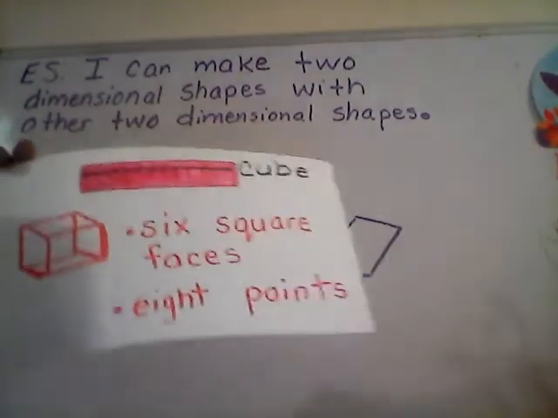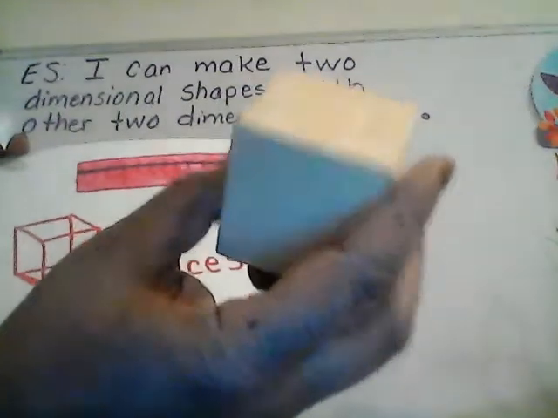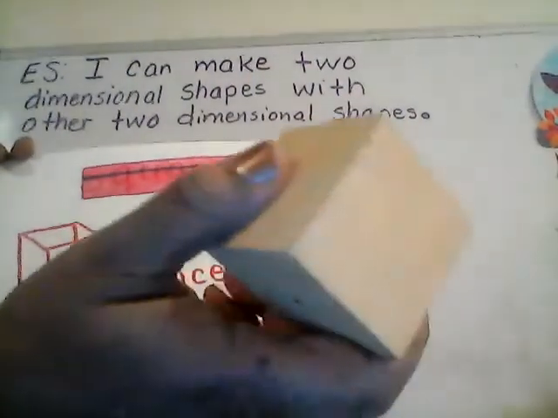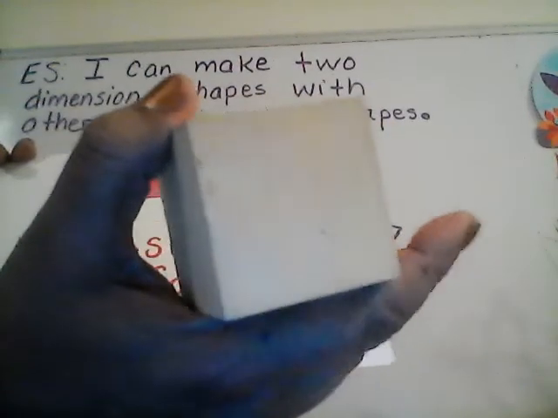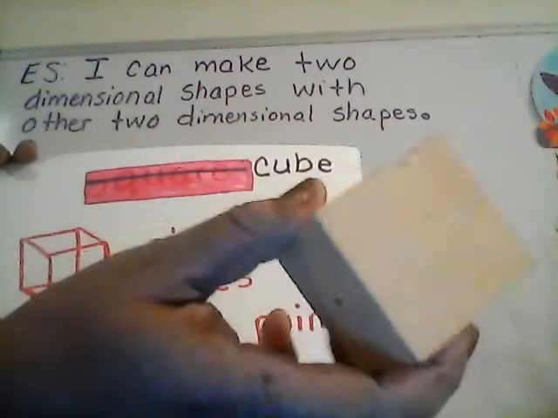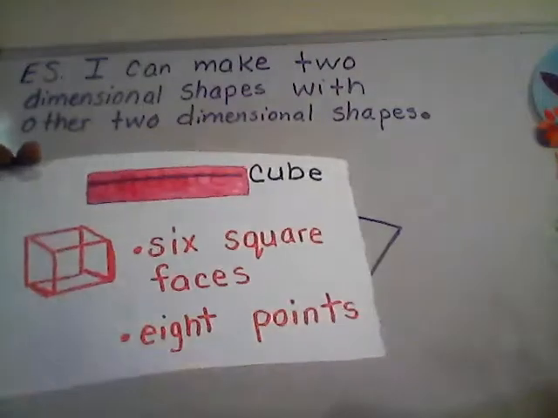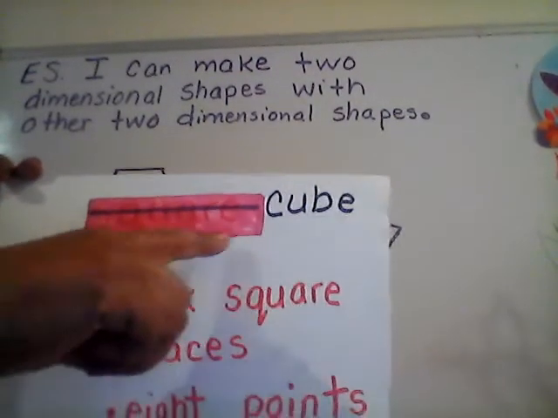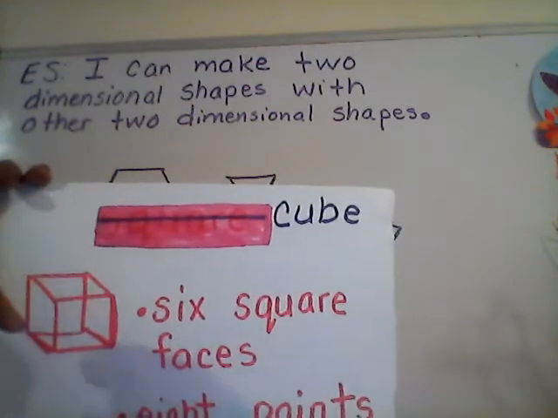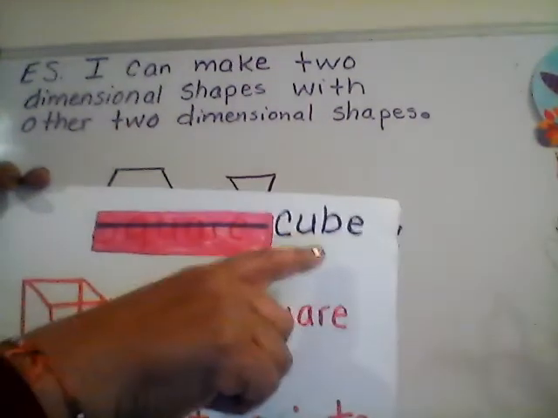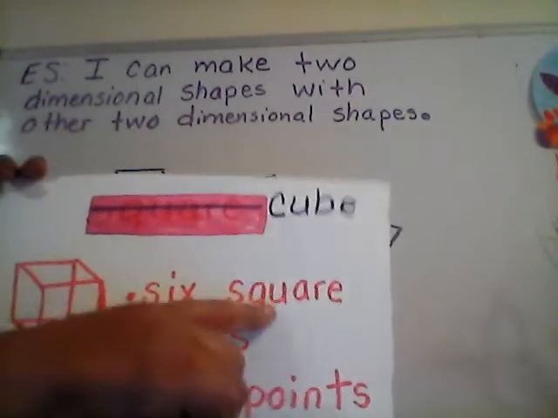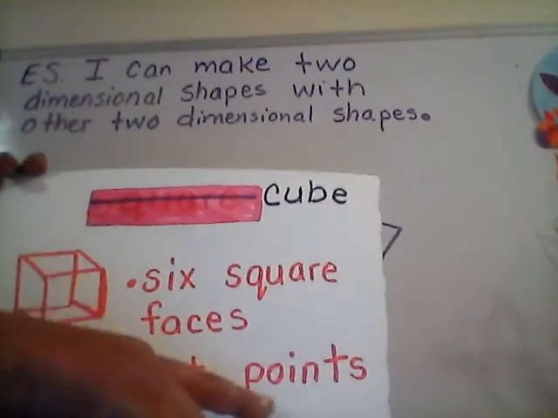Remember that a cube is also a rectangular prism, but it's also called a cube because all of the faces are square. And I crossed out this up here because I had the wrong word yesterday. I was so tired, boys and girls. So I should have written the word cube. This is a cube. It has 6 square faces and 8 points.